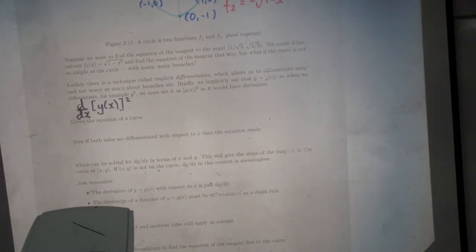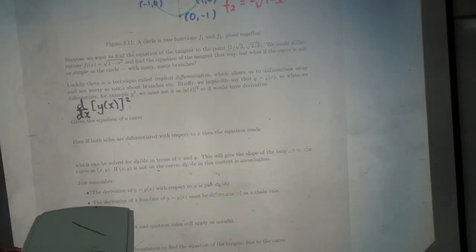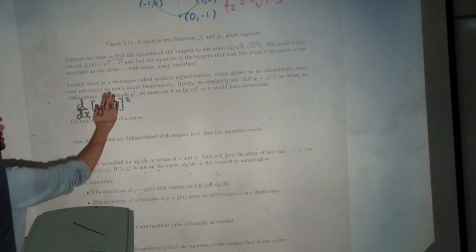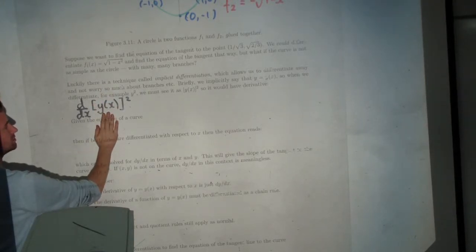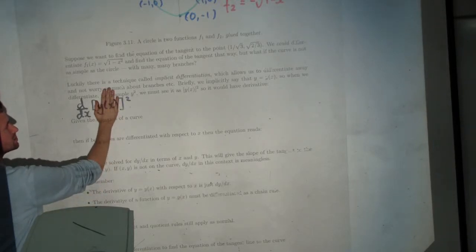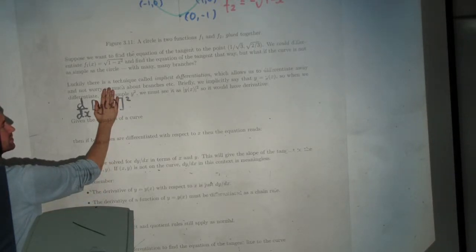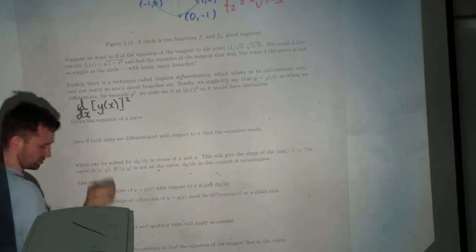Say we want to differentiate this y squared. You have to understand it's a function of x. We don't know what it is. What will I need to differentiate this? Chain rule. Outside, inside. Outside is x squared. What is the derivative of x squared? 2x.